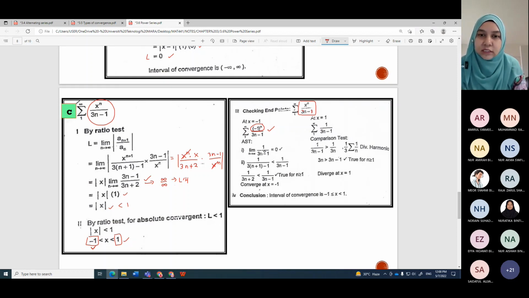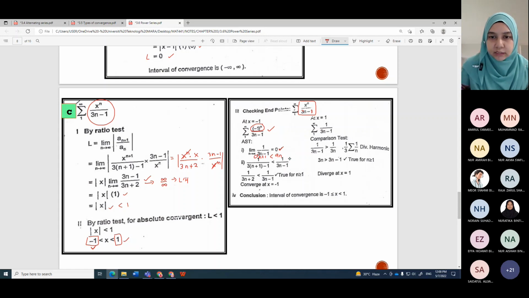Okay. So, kita test 1 over limit an. Akan dapat 0 ni. Okay. Yang kedua ni limit, an greater than an plus 1. Nak masukkan nilai n is equal to 1.